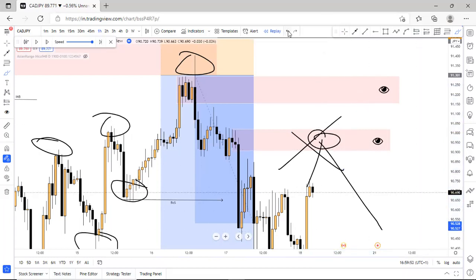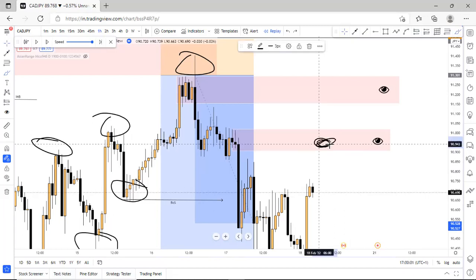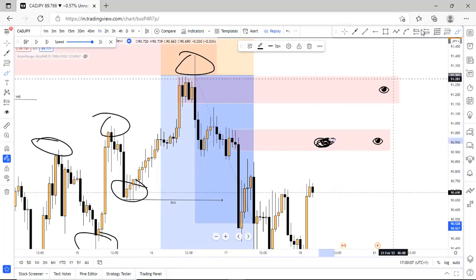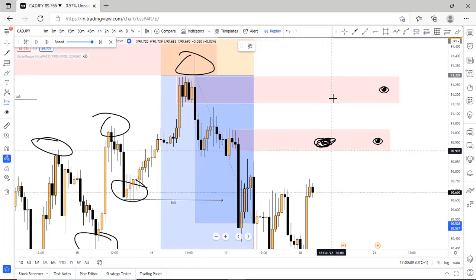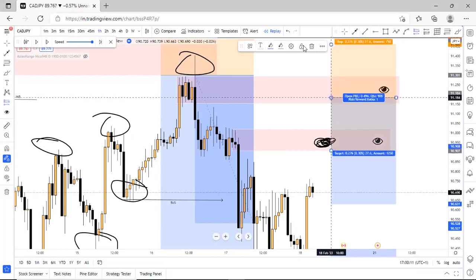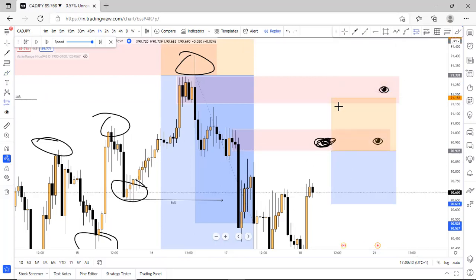So in this situation, you want to make sure you are looking for confirmation entries at this zone before taking your sell trade, or if you intend to get into this trade aggressively, you take your sell at this level.